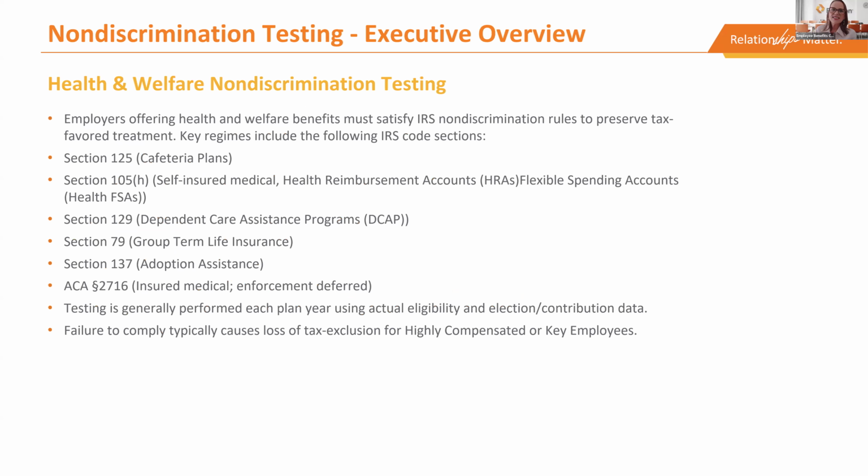So, moving on to non-discrimination testing, let's first talk about Section 125. Most of the numbers and sections that we'll be discussing today come out of the Internal Revenue Code. So, these are IRS obligations for the most part that tie into your employee benefit plans.